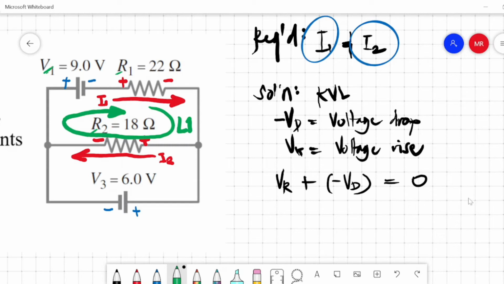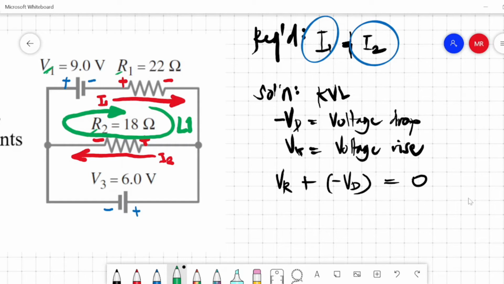Now let us find out which among these elements are voltage drop and voltage rise. Following the direction of this loop, we just consider where it exits. So for example, considering this loop, at voltage 1, it enters the positive terminal, then leaves the negative terminal for V1.